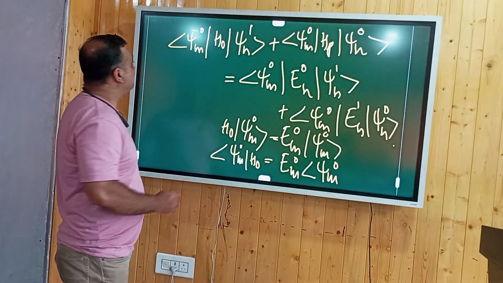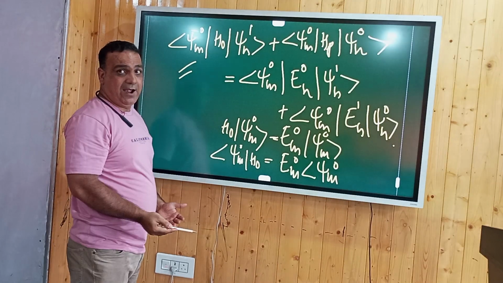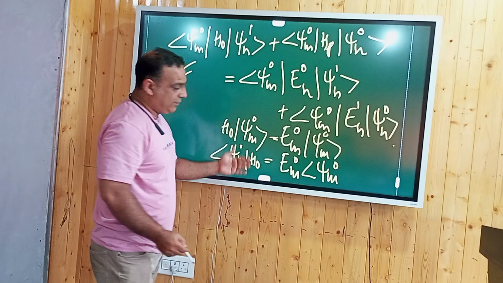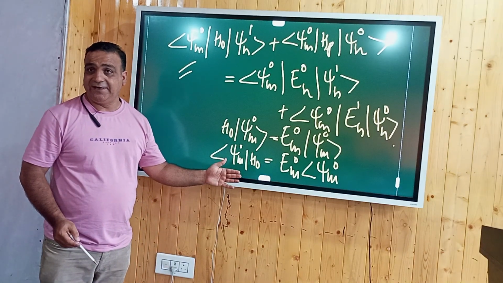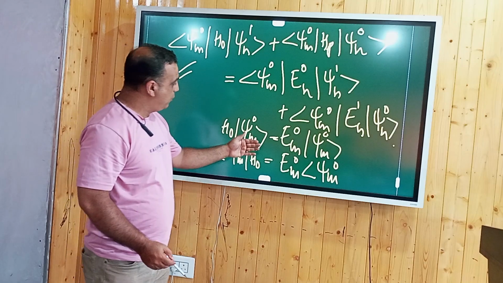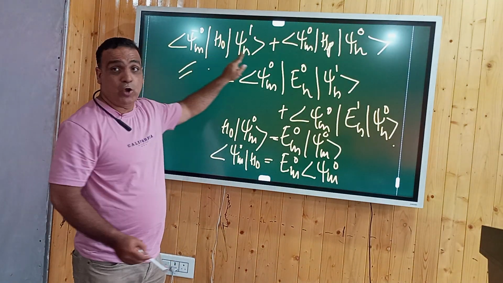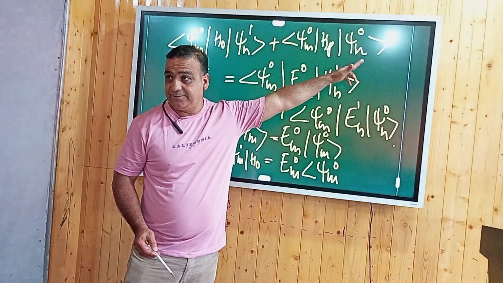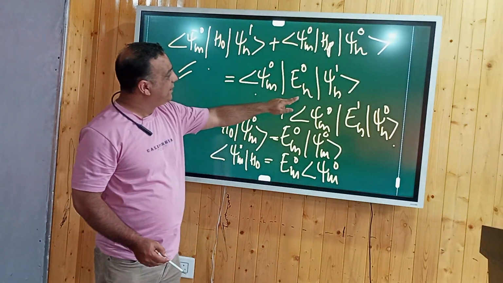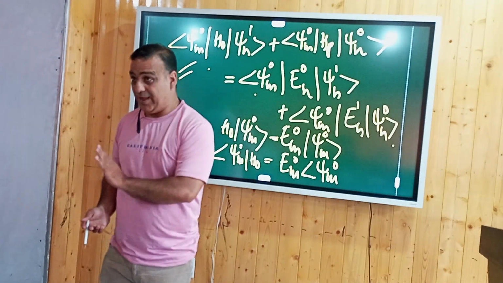So psi m naught will be there because your operator is a Hermitian operator. You will get the same eigenstate. So what you are getting here is E m naught. Okay, this thing is resolved. This will remain as it is. Now what about this? In this case, E n naught is already a number. It will come out.